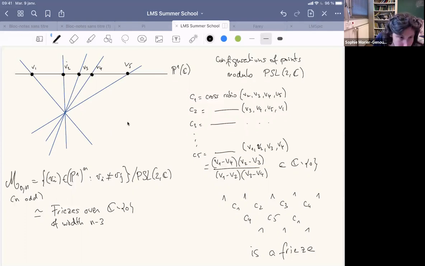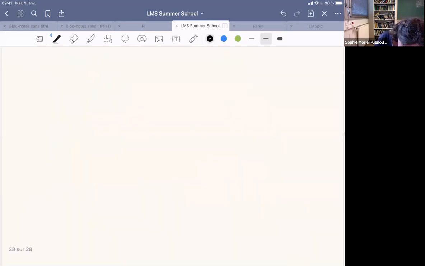Okay, so let's talk about more frieze. As I said in the first talk, this Conway-Coxeter paper went unnoticed, and it's starting from 2005 that there was a revival of frieze due to connection with cluster algebra.